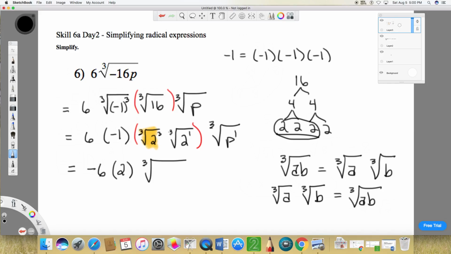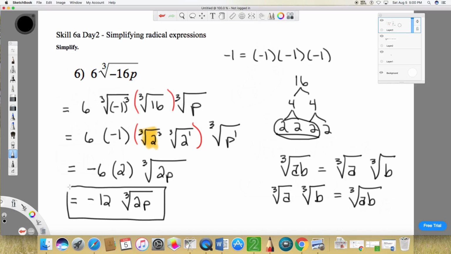So when I have this cube root of 2 and this cube root of p, I can write it as the cube root of 2 times p. And they do expect us to do that. And a -6 times a +2 is -12 times the cube root of 2 times p, and that's our final answer.